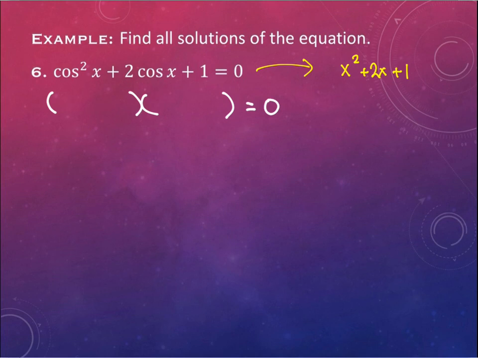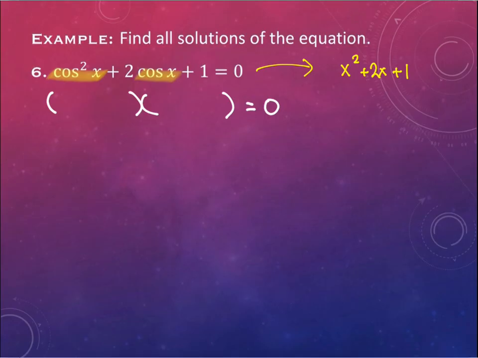Right now, this cosine x business is acting like a plain old variable x in terms of the structure of this equation. I've got something squared, I have 2 times that same something, and then I have a constant on the end. Can you see the parallel in the picture?